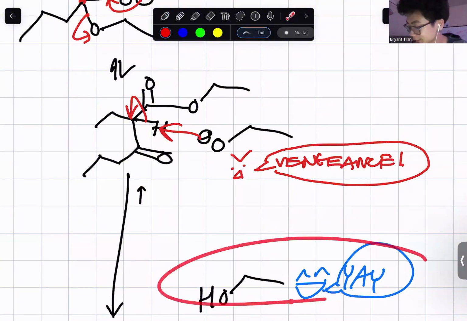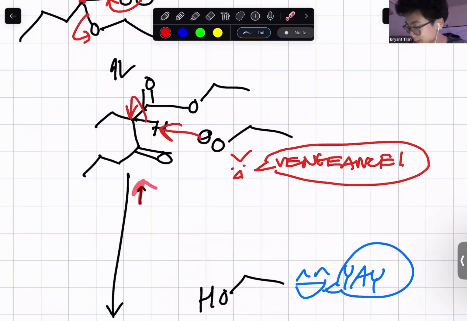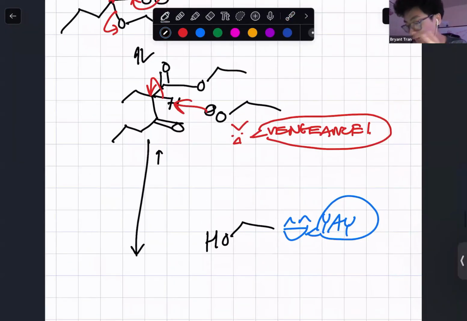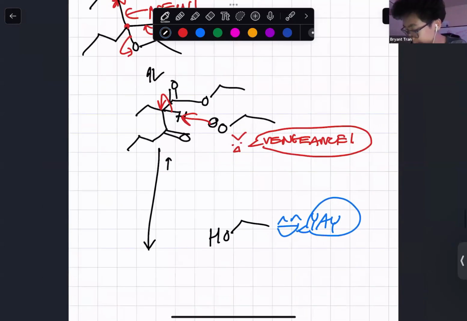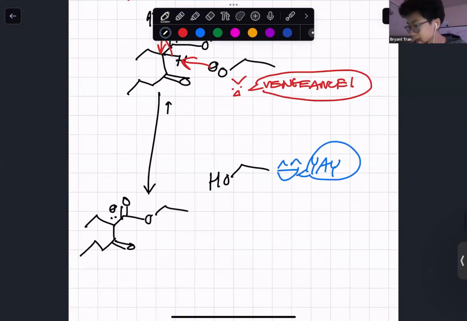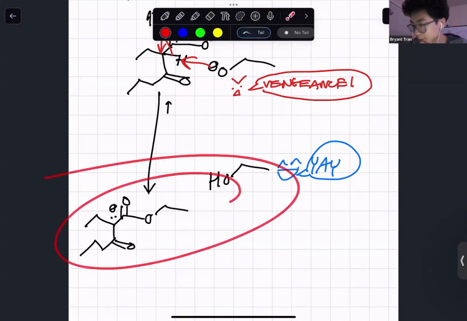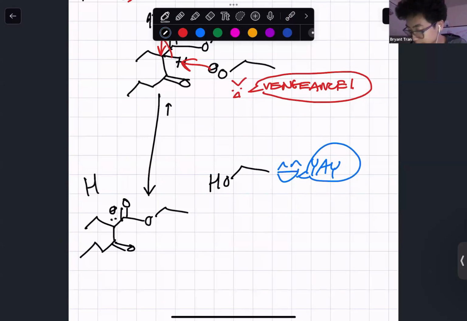So this is the irreversible reaction step in this mechanism. Okay, now this is the end of the first step. The second step is when we bring in the acid workup, H3O+.